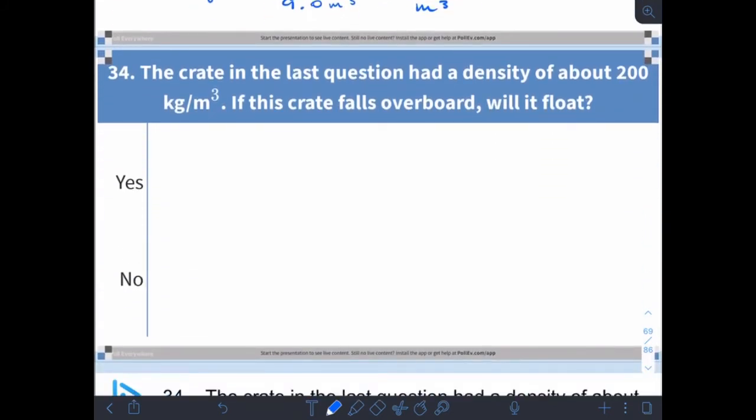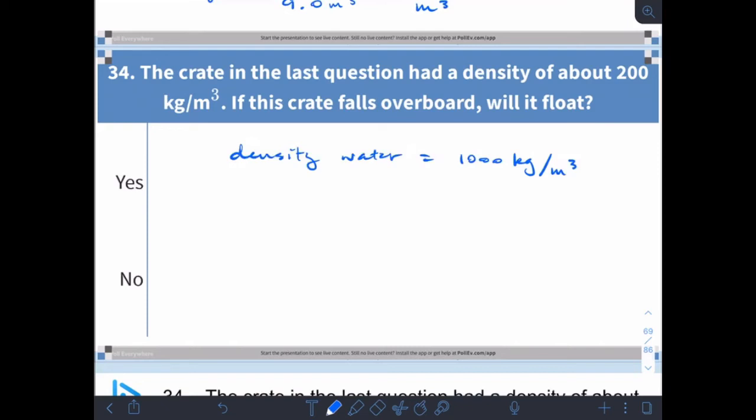So the crate in the last question had a density of about 200 kilograms per cubic meter, so we were correct. If this crate falls overboard and falls in, let's say, water, will it float? Now the density of water is 1,000 kilograms per cubic meter.